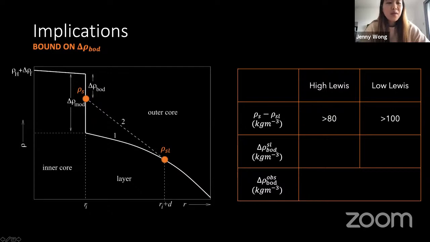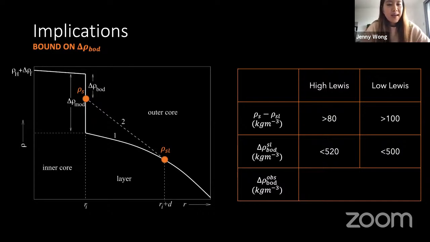And then assuming I know a value for the normal mode data, say it's 600 from PREM, this allows me to estimate the value of delta rho from the body wave data. So I have bounds in which, for the high Lewis number case, delta rho body should be less than 520, and for the low Lewis number case, it's 500.